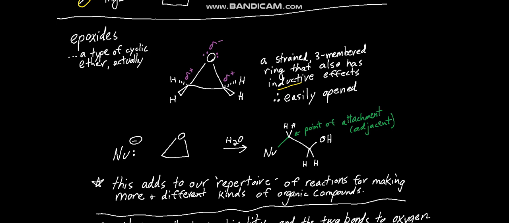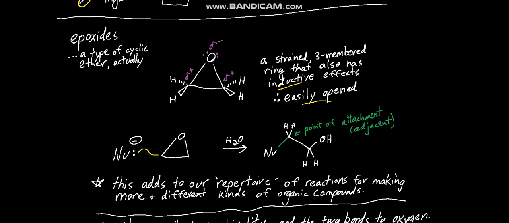It's really good to try to build the models of these if your models allow it, but if it's not the right type of model, you might break them, so be careful. They have to have these sort of bendy bonds. So we have ring strain and inductive effects, so therefore these rings can be easily opened.